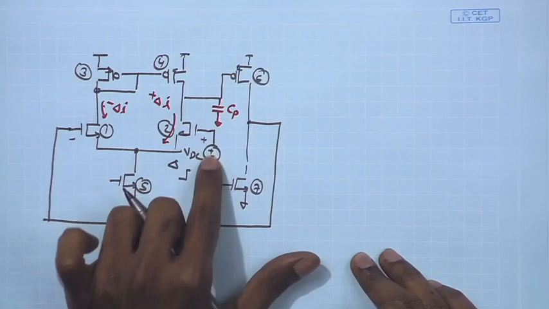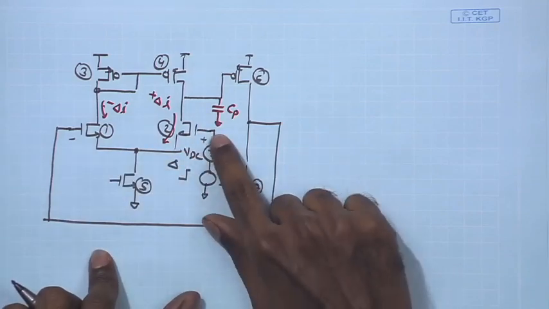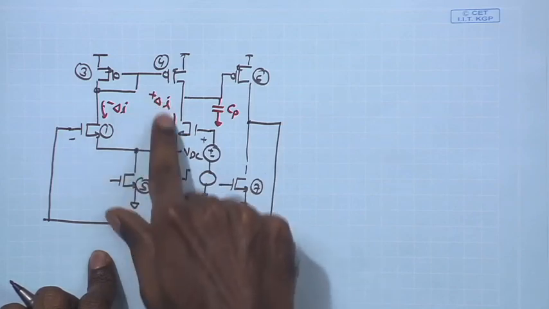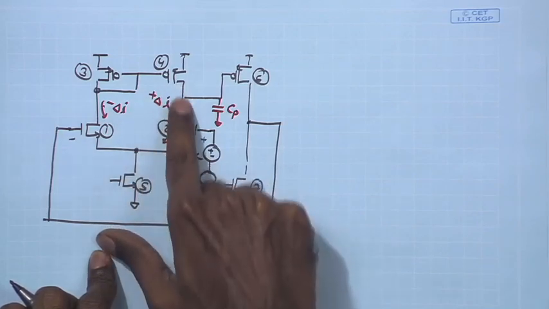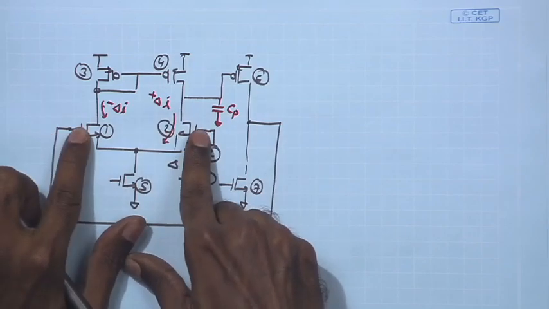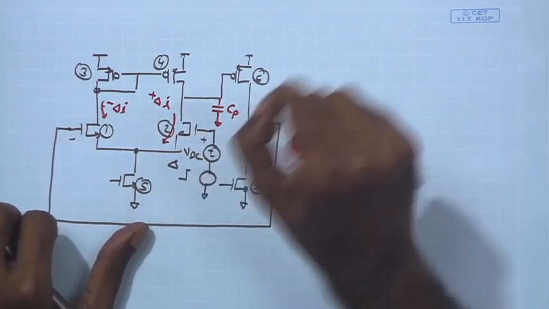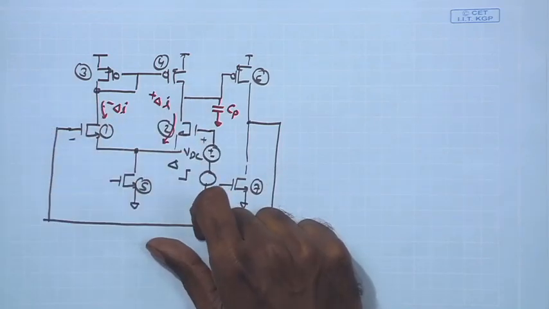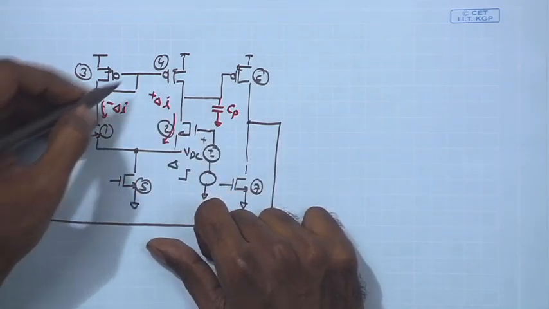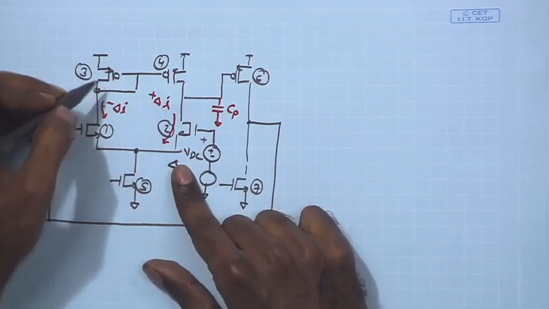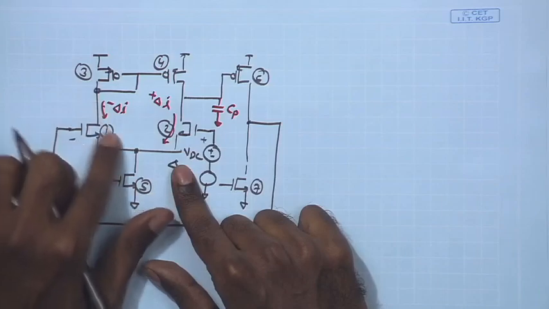If I increase the gate potential of M2 by delta at t equal to 0, I expect that instantaneously there should be an increase in the current in M2. Initially at t equal to 0, both of them were the same, but after t equal to 0 plus, this should have delta I plus and this minus delta I. And if I talk about the small signal operation, ultimately you are going to have a reduction in the current in this direction.